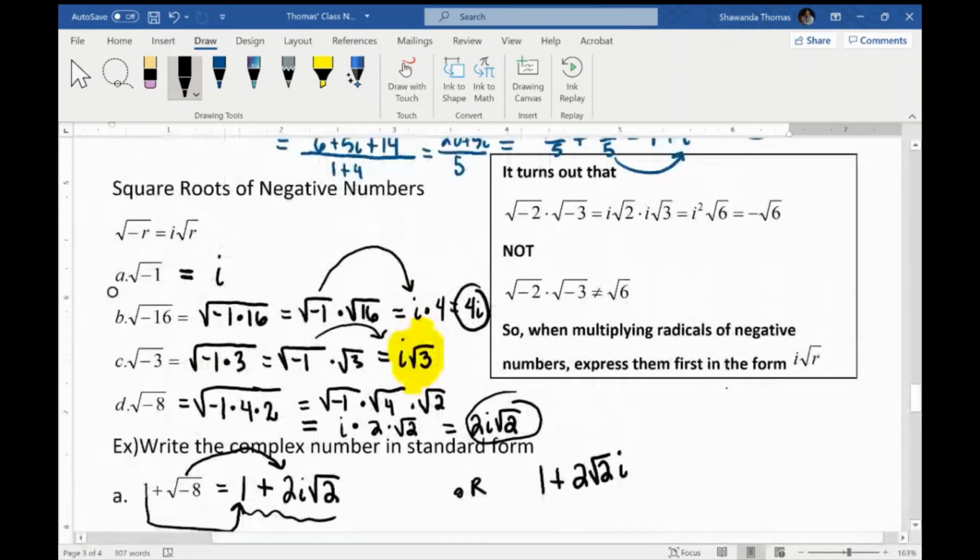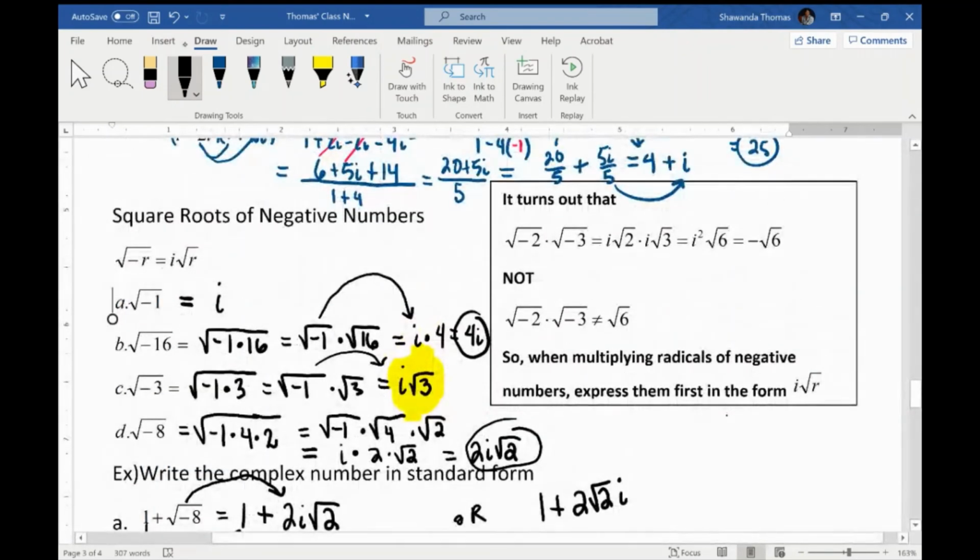All right, let's look at this. It turns out that the square root of -2 times the square root of -3 equals i times the square root of 2 times i times the square root of 3. We know that the square root of -2 is the square root of -1 times 2, which is i times the square root of 2. The square root of -3 is the square root of -1 times 3, which is i times the square root of 3.